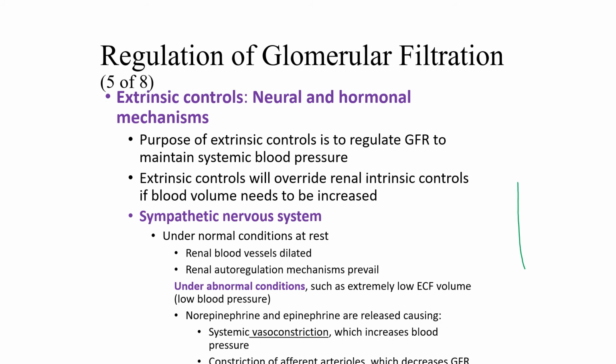Under abnormal conditions, then what we see is norepinephrine and epinephrine are going to be released, and this causes vasoconstriction. That's going to increase blood pressure, and that's going to constrict the afferent arterioles, and that will decrease the glomerular filtration rate. So what we see is a decrease in glomerular filtration rate, which means there's more blood for the muscles to use in fight or flight.